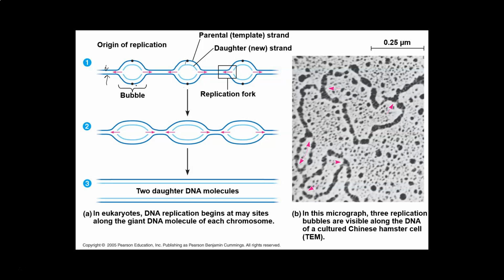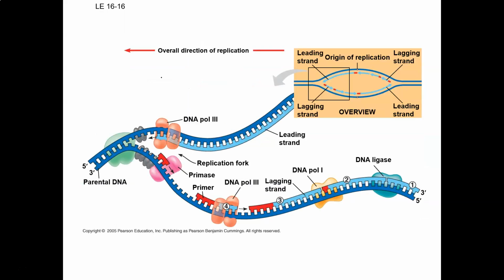And then once the strands are separated, the cell is going to make a new complementary strand in the lighter blue based on the parental template strands. So we're going to zoom in on one of these areas right here, what they call the replication fork, and look at DNA replication.